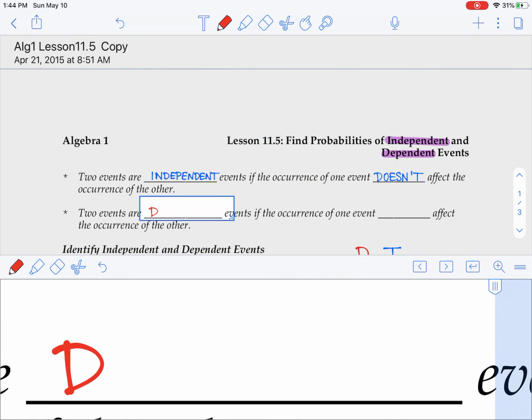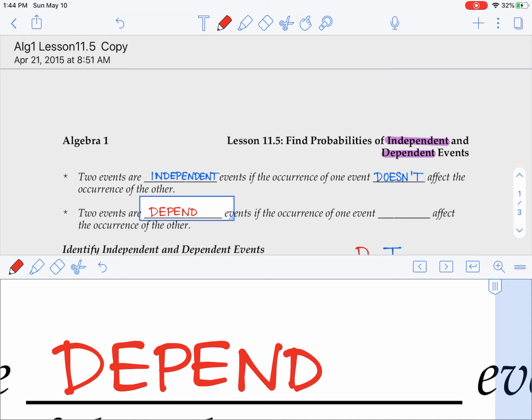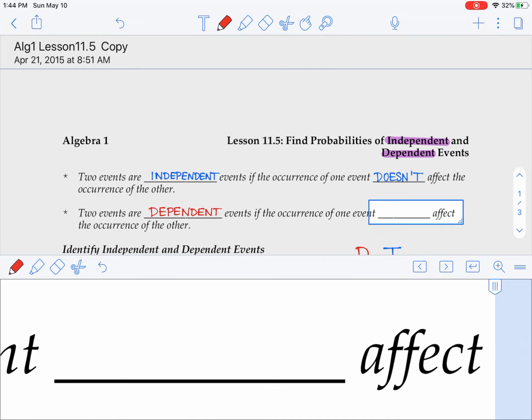Conversely speaking, they are dependent if it does affect the other event.